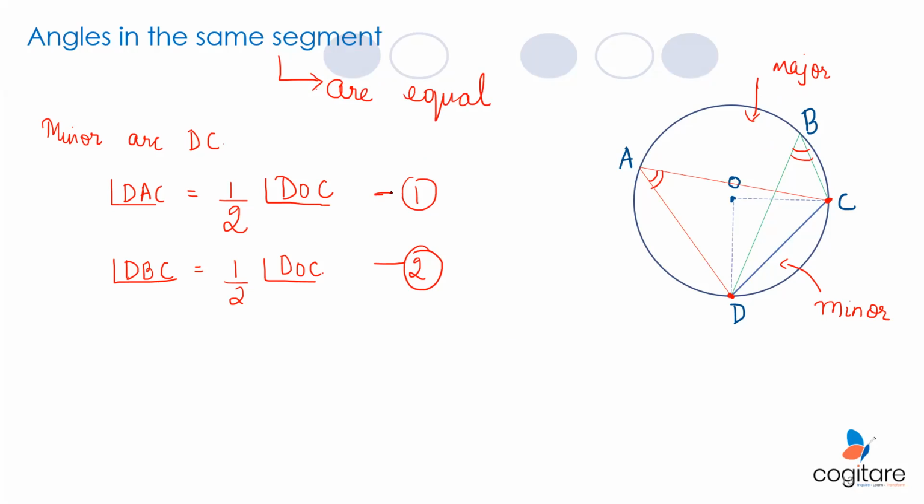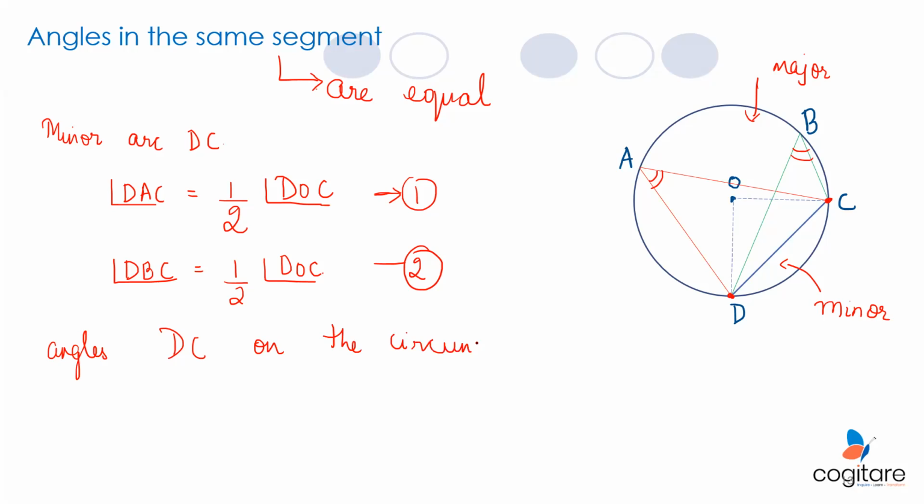Another way to talk about the same thing is by saying that the angles subtended by an arc on the circumference are equal. Because if you look at arc DC, angle DAC and angle DBC are angles subtended by the arc DC on the circumference.